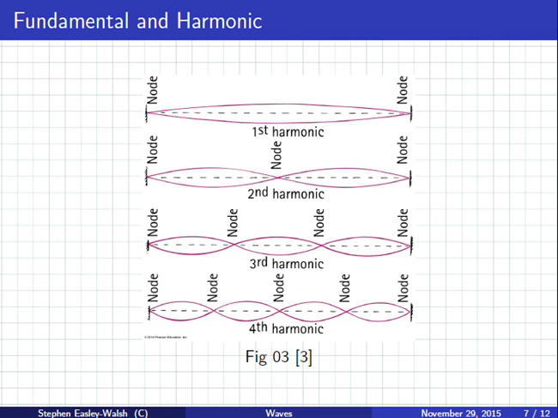Now, for example, what is this called? Node or antinode? And here? Antinode. So let's call this distance here, for example, x.